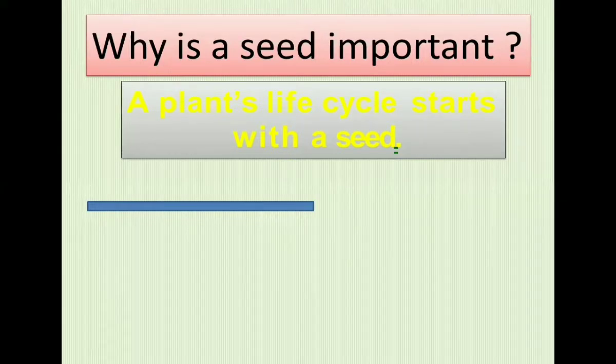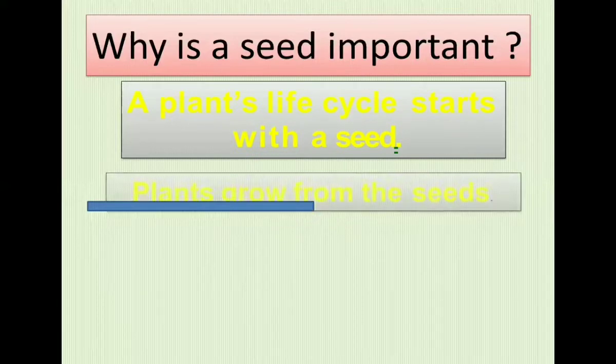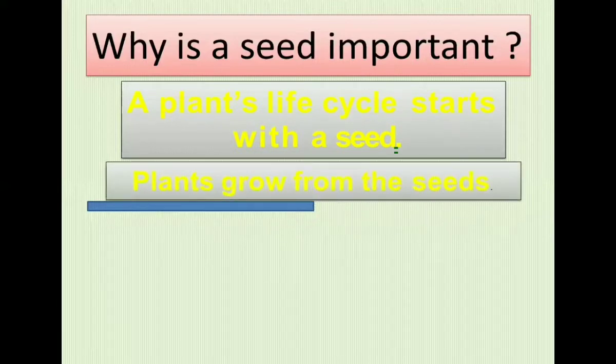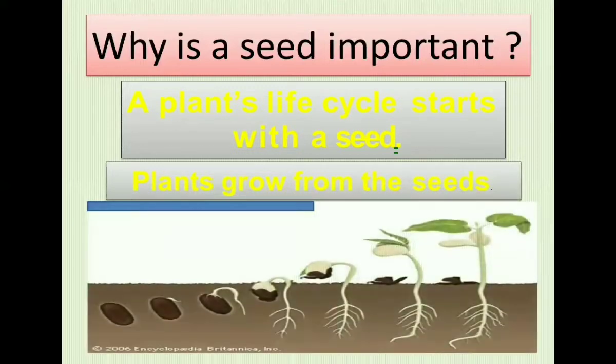Because a plant is a living thing. Plants grow from the seeds. Here in this picture, you can clearly see the seed planted deep into the soil, and it's slowly turning into a big beautiful plant.